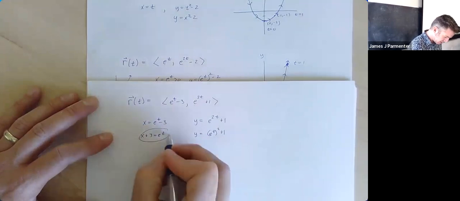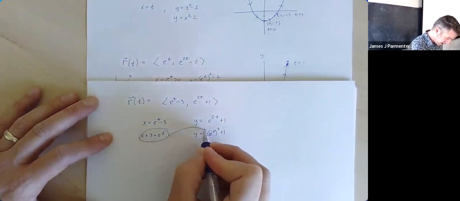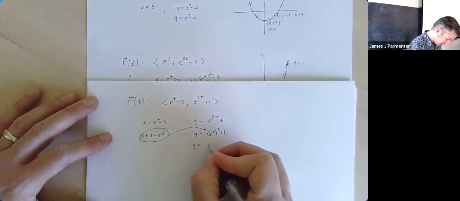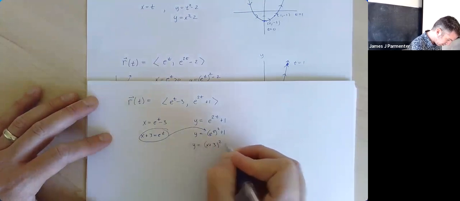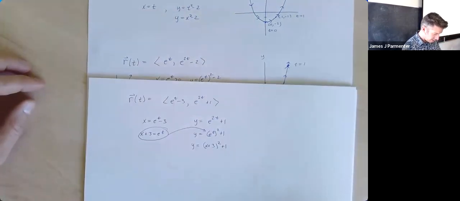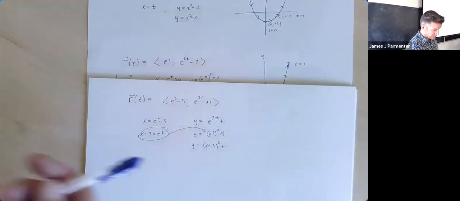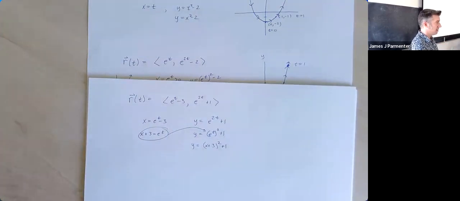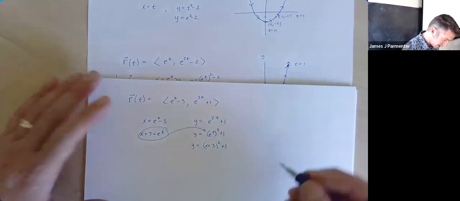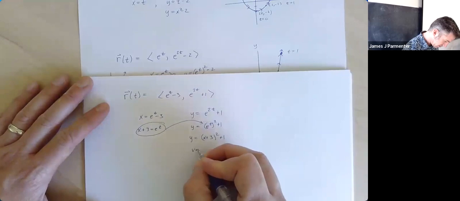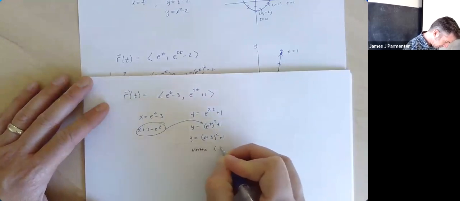Then I can substitute that in there and get y equal to (x plus 3) squared plus 1. And although you could multiply this out, you really don't need to, because I know how to graph y equals (x plus 3) squared plus 1. That's the nice vertex form of a parabola. So I can see that this is going to have a vertex of (-3, 1).